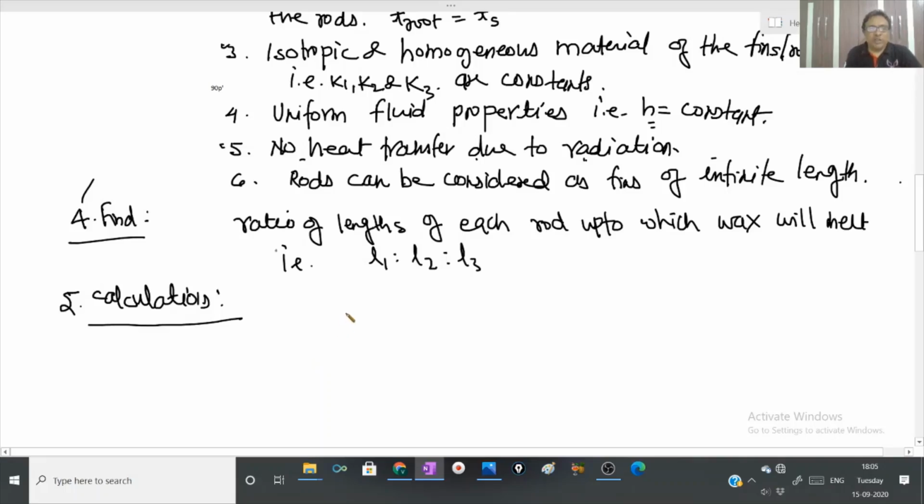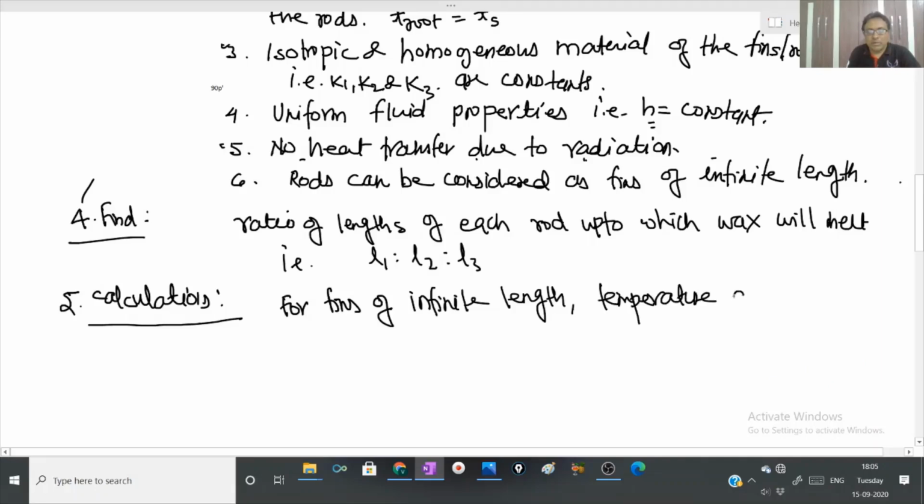So since we have assumed all these rods as fins of infinite length, the temperature distribution can be given as theta x over theta s, that is the ratio of excess temperature at any distance x to the excess temperature at root.